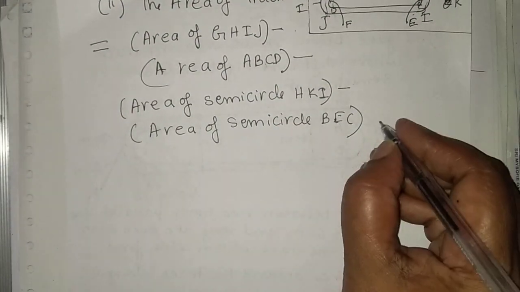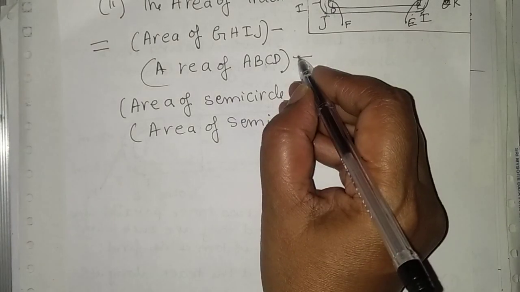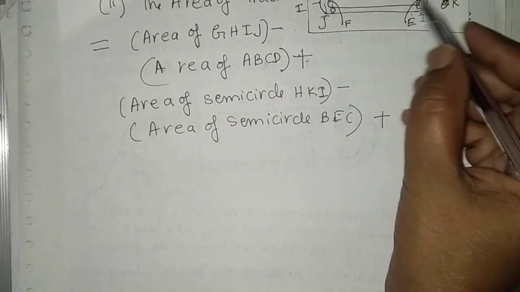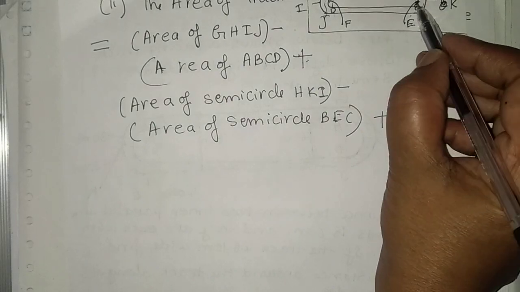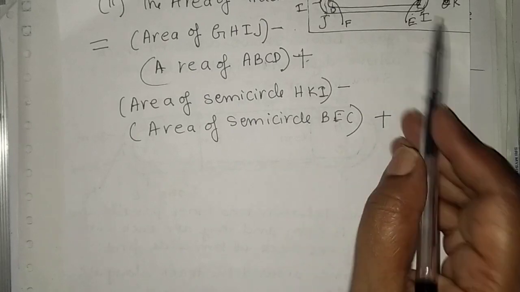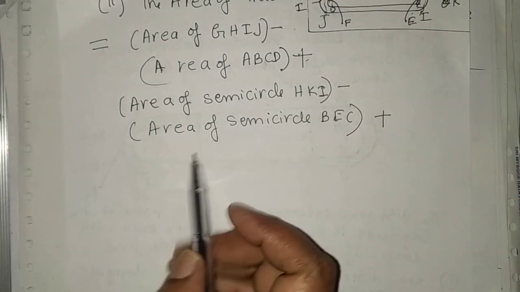Next is again plus. This rectangle minus this rectangle, then this semicircle minus this semicircle, again this semicircle minus this semicircle. So there are how many? Two rectangles and four semicircles.